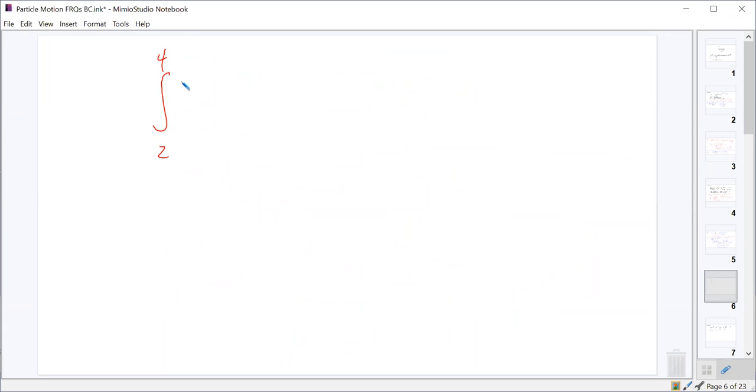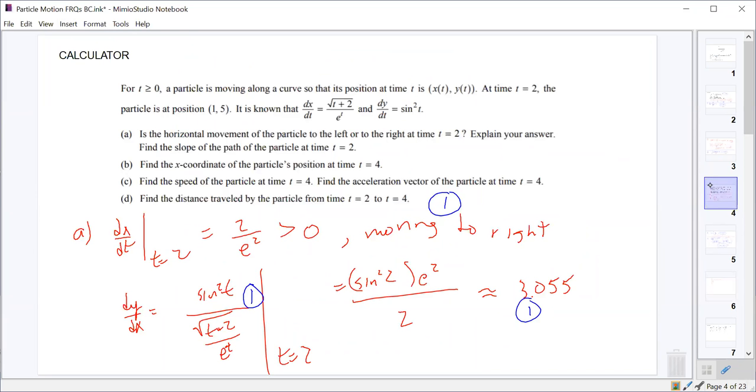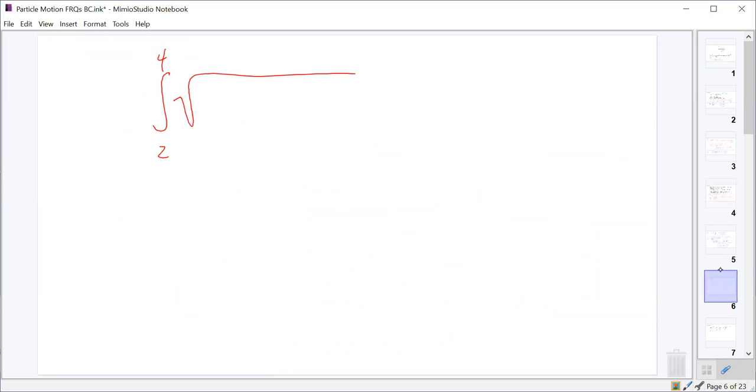our dx dt, which was, now I forgot what it was. Root t plus 2 over e to the t, squared, and then plus, I think now it was sine to the 4th of t.